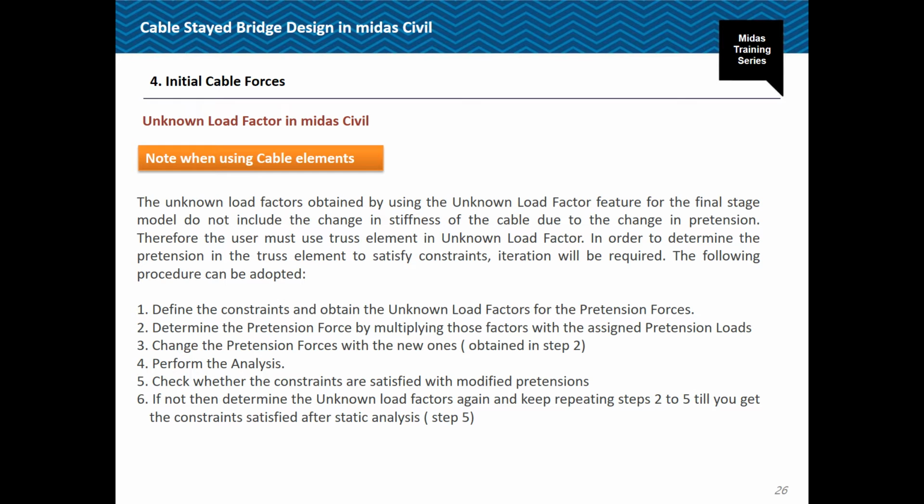This is really important because imagine you are starting your calculation of the forces for unknown load factor with a value of, I don't know, 10 kilonewtons in a cable. 10 kilonewtons in a cable means that the stiffness of the cable is going to be much less than the same cable stressed at 1000 kilonewton. So if I realize that after running ULF, which is the short name for unknown load factor, the tension in the cable is, as it would be, 1000 or 2000 or 3000, what I will have to do is to update the pretension that I had input and perform the analysis again and check the constraints.